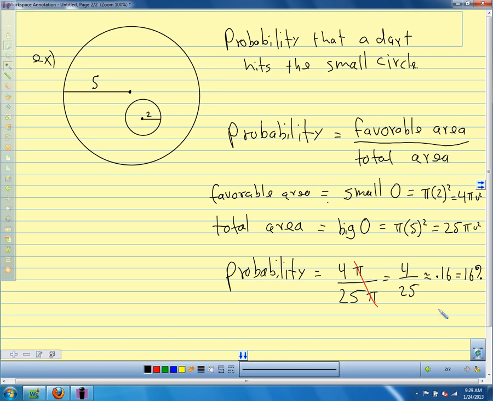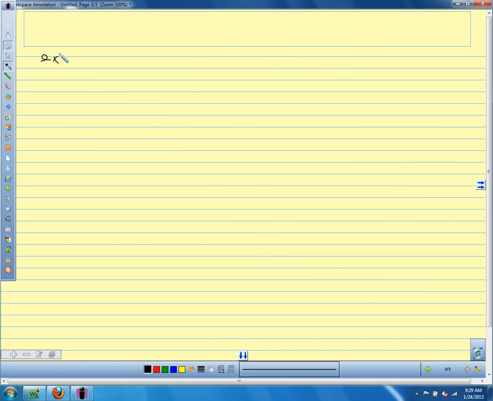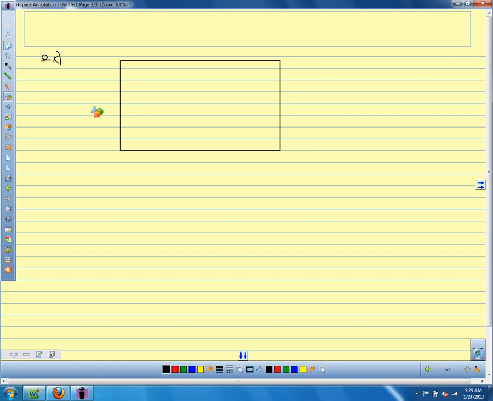We're just going to look at one more example, and then that's all we're saying about geometric probability, because it all just has to do with finding areas. All right. So here's our example this time. We have rectangles. Here's one rectangle. Here's my other rectangle.